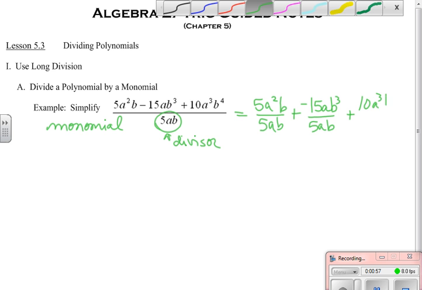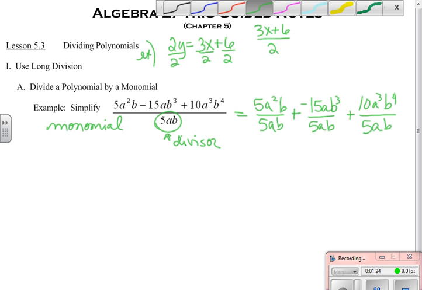And this is something that should feel pretty good if you think about when we are doing our y equals mx plus b formula, and you divide by 2, you actually are dividing both of these pieces by 2. Or you could have said that and then split the fraction.